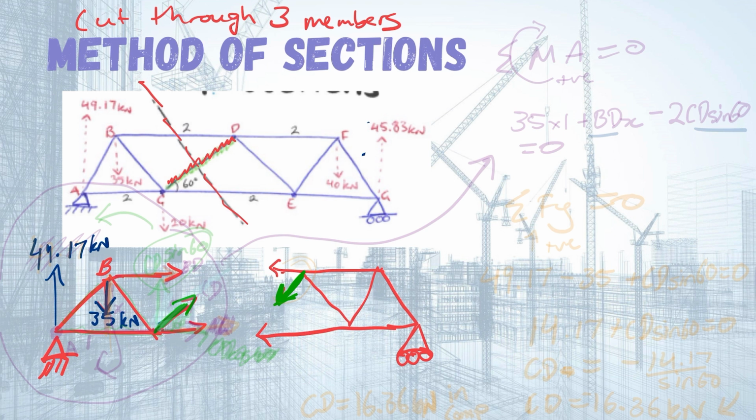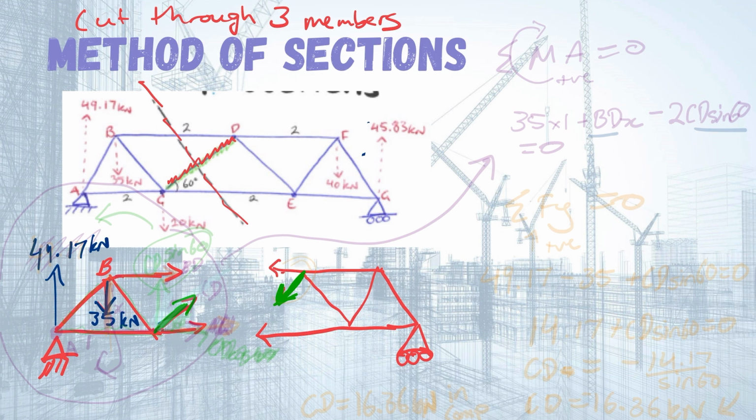So when you're doing the method of sections, you can use all our equations of equilibrium: sum of forces in the x equal to 0, sum of forces in the y equal to 0, and sum of moments about any point will equal 0. That's the beauty of method of sections, is you can take sum of moments about a point, and that way if you have an unknown force, it is a lot easier to calculate.